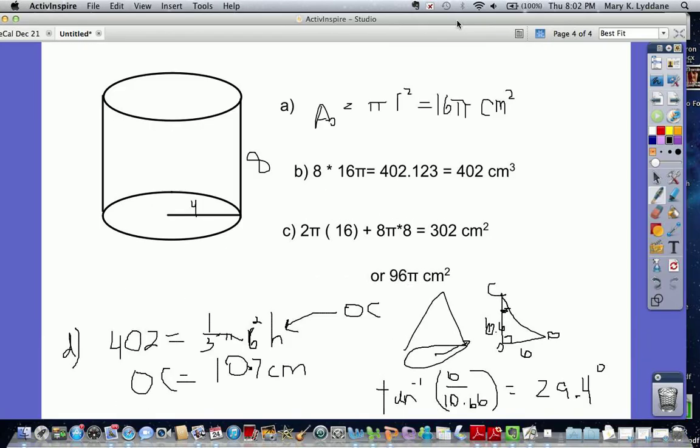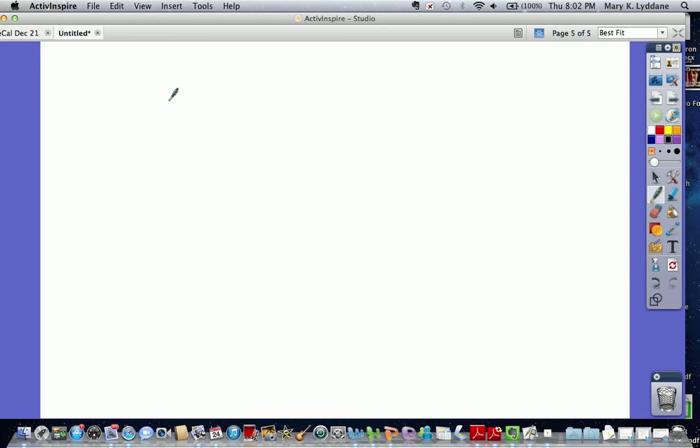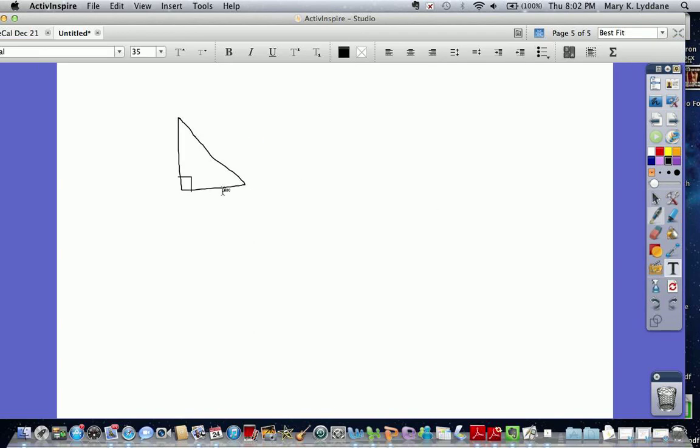All right, in the next part of the problem, we're asked to find that slant height, which is basically the hypotenuse of the triangle. And there are many ways that you could find that. Probably the easiest way would just be to use the Pythagorean theorem, using the two sides that you already know, the 6 and the 10.66.